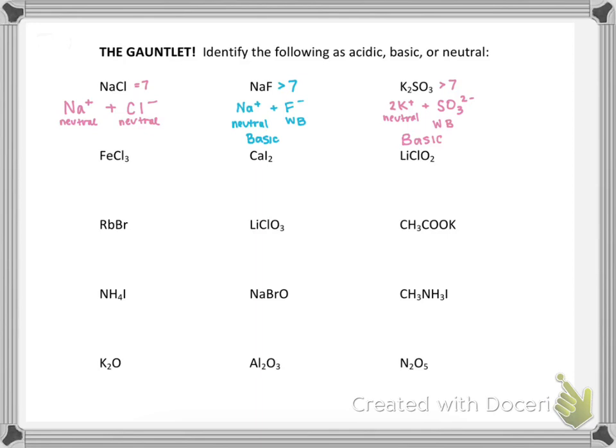Okay, next up we have iron chloride. So this is going to dissolve and form iron 3+ and 3 Cl-. Cl-, we already said, comes from HCl, which is a strong acid. So this is going to be neutral. And then we're left with iron 3+.